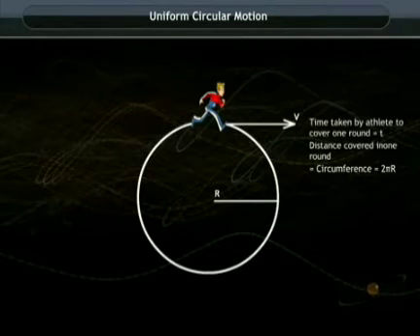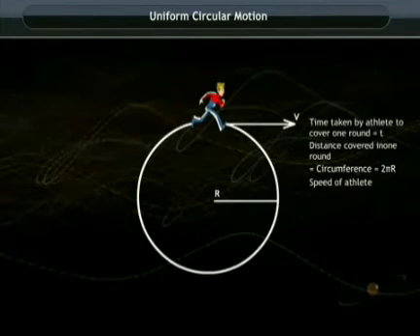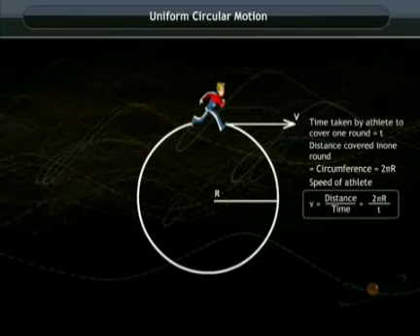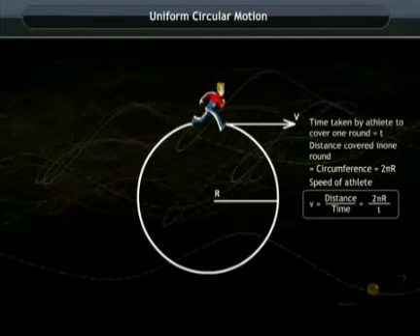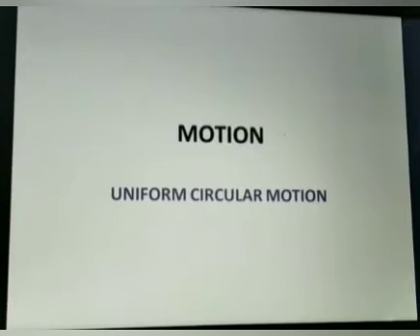Distance covered in one round is equal to the circumference of the circle, which is 2 pi r. So, the speed of the athlete is equal to distance travelled by time, which is 2 pi r by t. Today, we studied uniform circular motion.